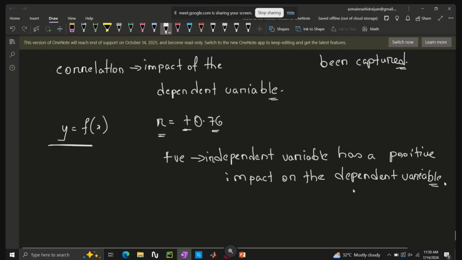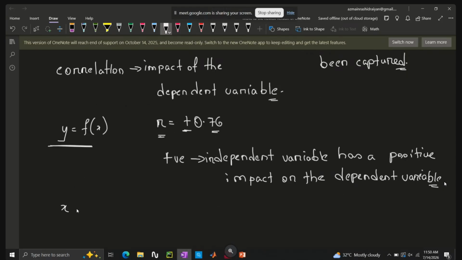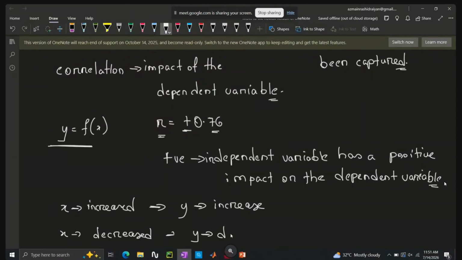That is, if I increase the value of x, then proportionately the y value will also increase. And if my x value is decreased, then similarly my y value will also be decreased.